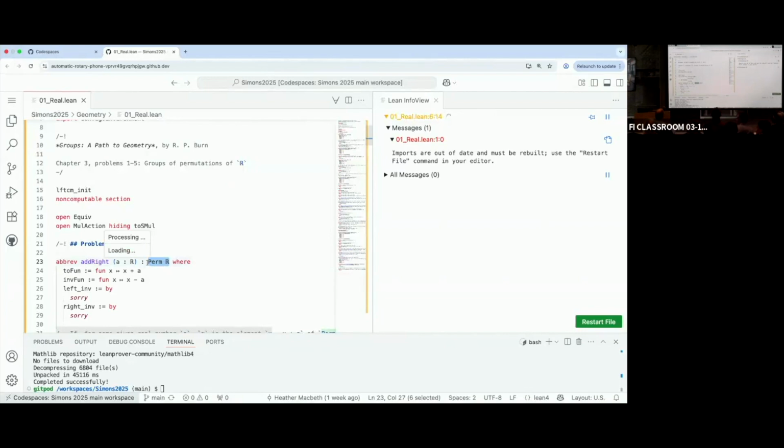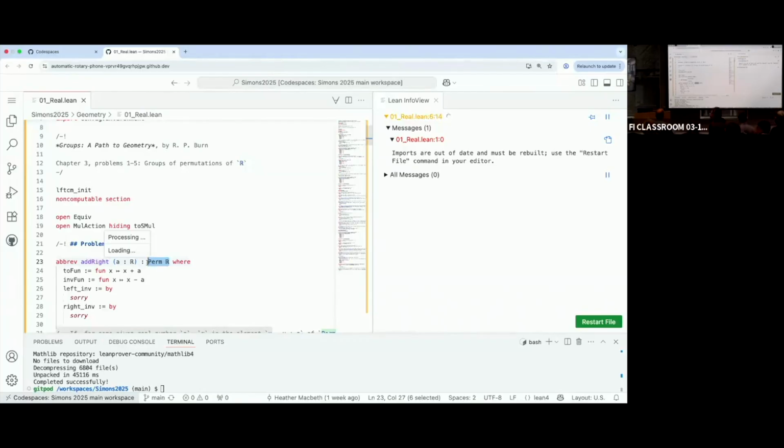So we have the function x maps to x plus a. And we are trying to consider this as an element of the permutation group of the line, sorry, not the plane.